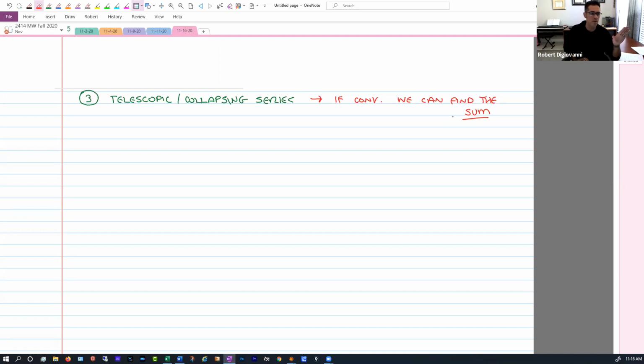That's the only 2. Everything else is just going to be a matter of does it converge or does it diverge. But if I tell you to find the sum, then I'm giving you a hint that it's either geometric or telescopic. So just be paying attention to that.